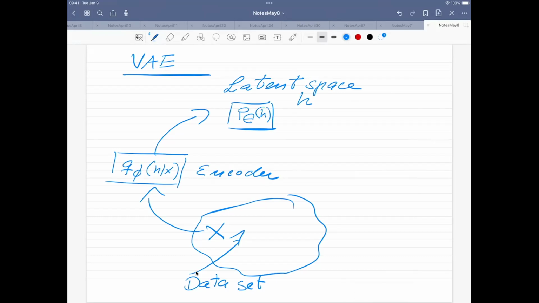Then this one brings us back to the decoder part. And now we are using Bayes' theorem.